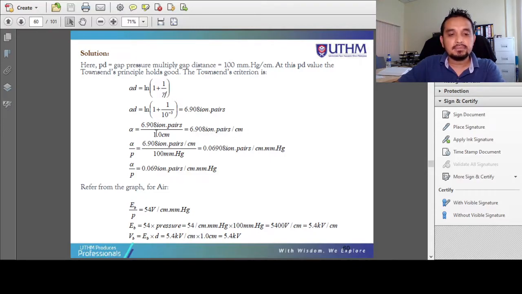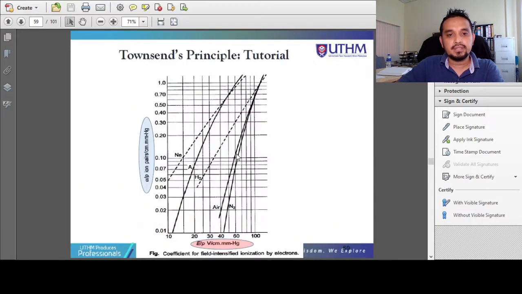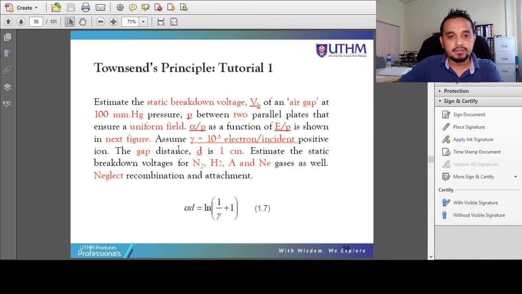If the gap distance is 2 centimeter, then we divide by 2, and it will become more or less 3.4 ion pairs per centimeter. It will no longer be 6.9. This is just because the distance is 1 centimeter. When we further calculate, we divide the ion pairs per centimeter by the pressure, because we know the gap pressure is 100 mmHg, as given in the equations here.